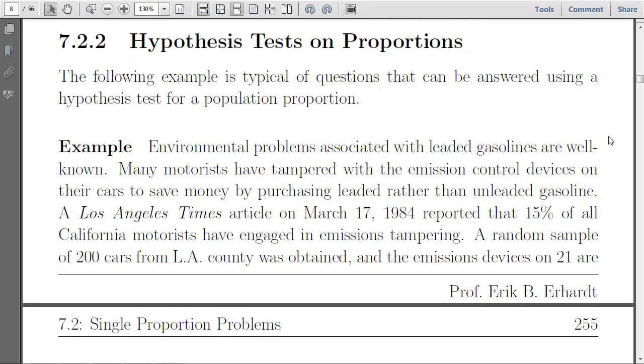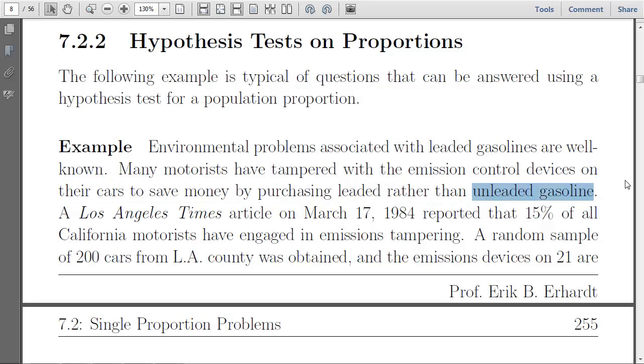And there were many well-known problems with leaded gasolines. Many motorists were tampering with their emission control devices on their cars to save money by purchasing leaded gasoline, because leaded was less expensive than unleaded gasoline. And back in those times, the nozzle that you would put into your car was a different size.